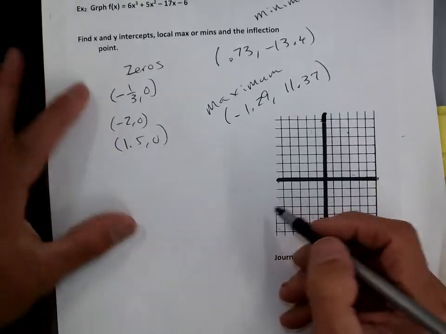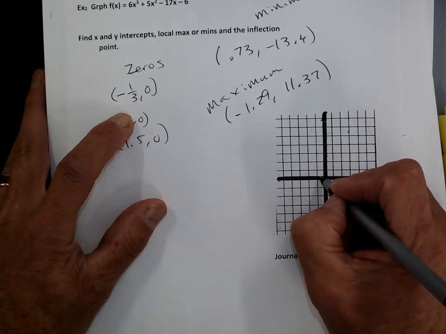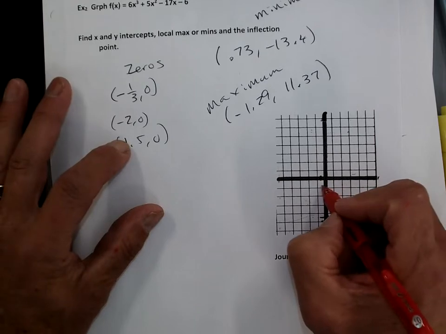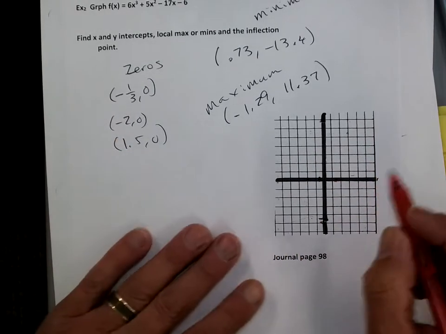Okay, so zeros. Okay, negative 1/3 is about there. Put this in red. Negative 2, 1, 2, and 1.5.